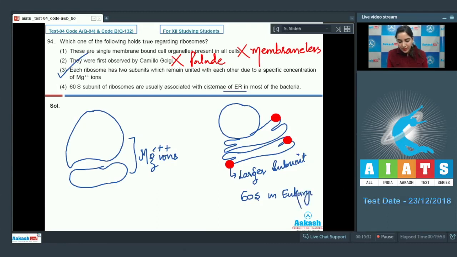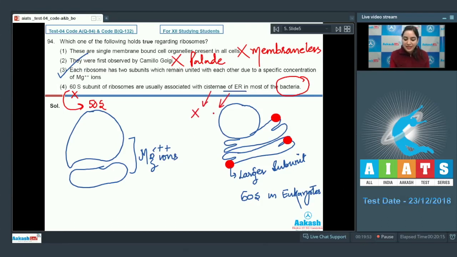So what do you think? Is this statement right? But if you clearly observe, notice that here we are asked about bacteria. Bacteria in the first place will not have a 60S subunit, rather will have a 50S subunit, and does not have the luxury to have the cisternae.